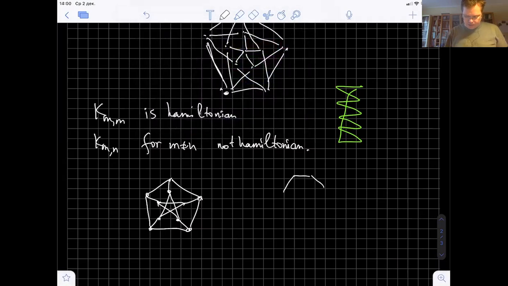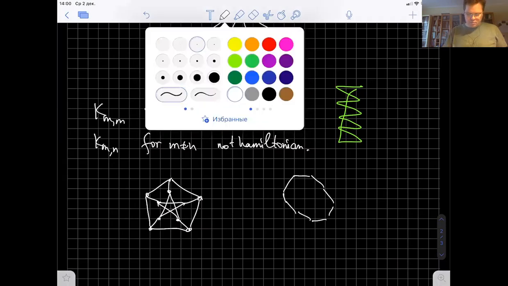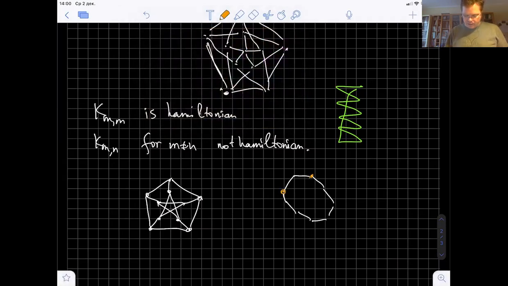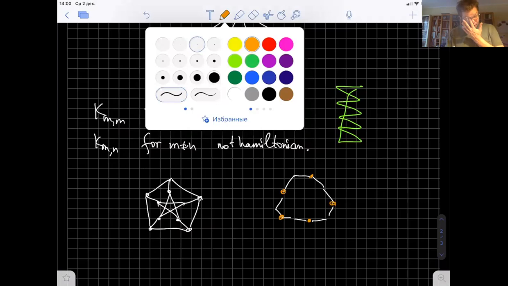suppose we have a cycle here. So we suppose this graph is Hamiltonian, and we can build a cycle. Then we can color our vertices into 2 different colors in a correct coloring, such that the vertices of different colors need to be adjacent.